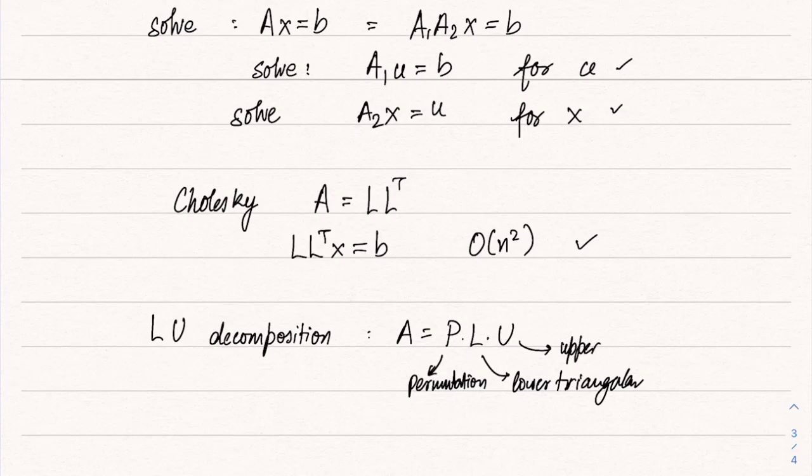Solving the upper triangular and lower triangular systems is simple, they are order n square. Permutation does not take up any flops. So the overall complexity is again order n square flops.